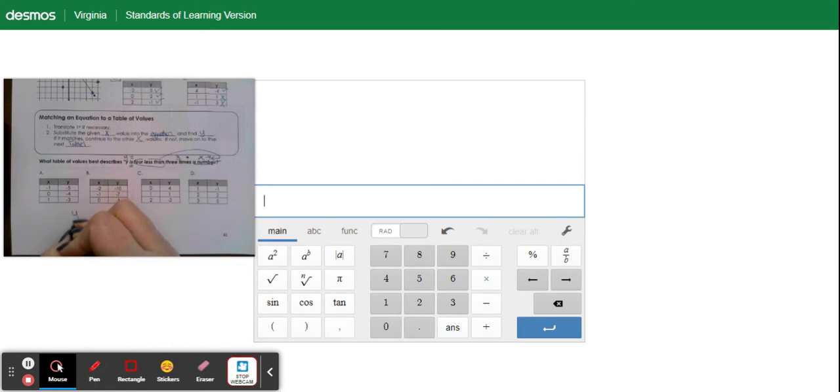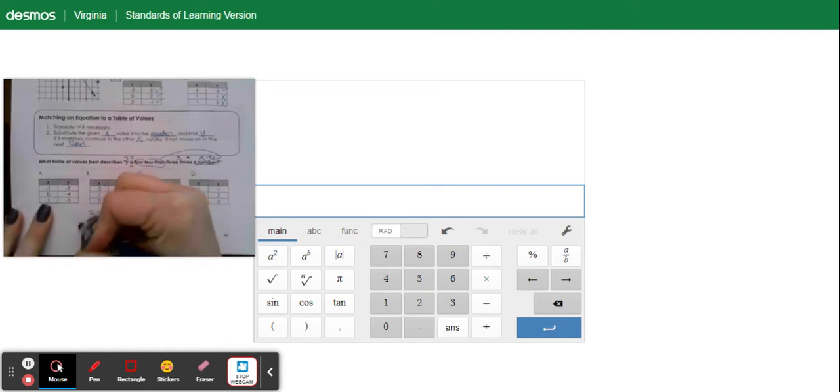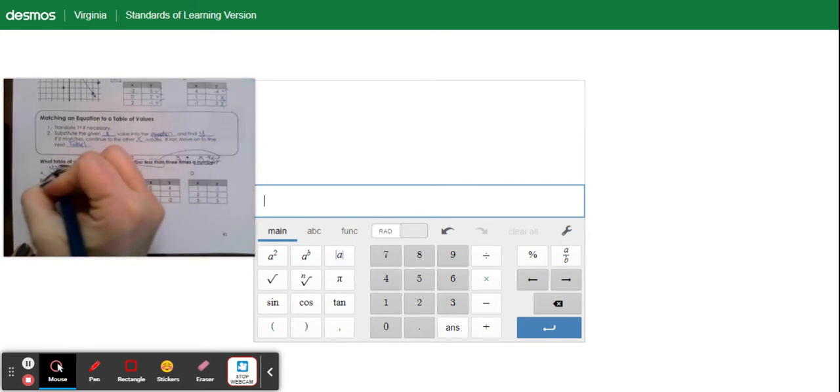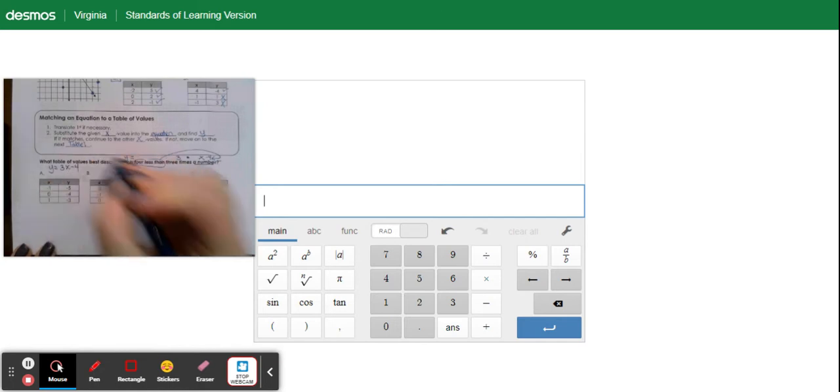So my equation is y equals 3x minus 4. So we're going to substitute all of these numbers in here. Of course, I don't like where this is written, so I'm going to move it really quickly so I can show my work. I'm going to put y equals 3x minus 4.